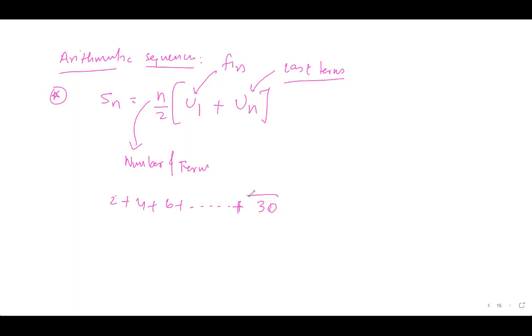But in case you don't know how many terms there are, let's say the last term is 3000 and it starts from, let's say, 6, then 8, and so on. I wanted to find out how many terms there are in this sequence, and then the sum of the series.